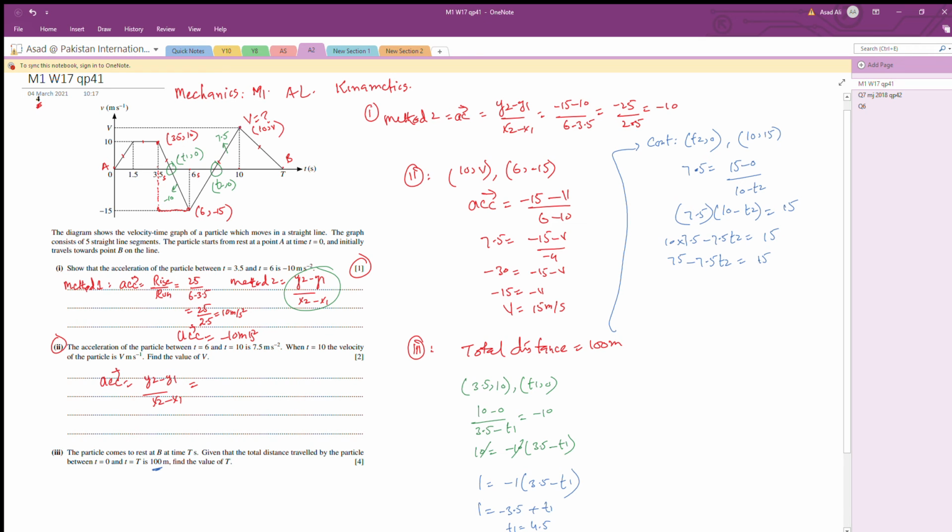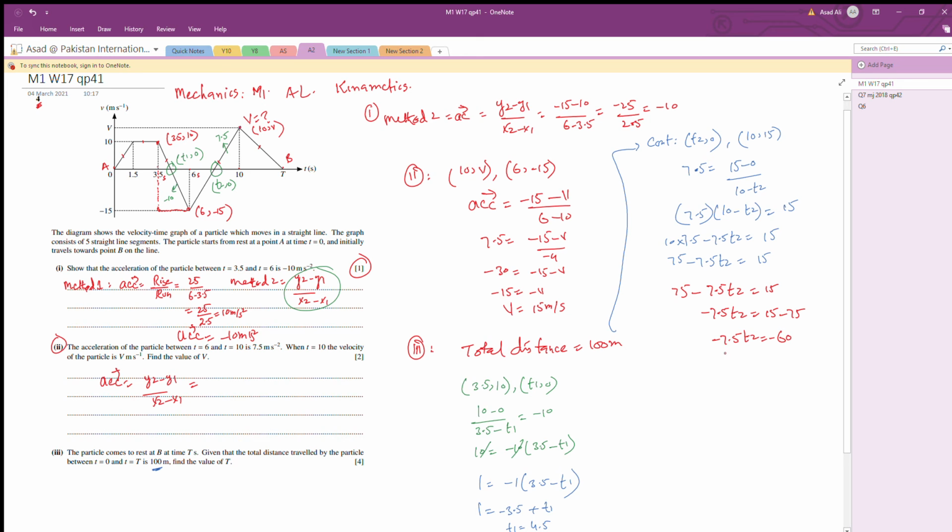Okay, 75 minus 7.5 t2 is equal to 15. So minus 7.5 t2 is equal to 15 minus 75, which is minus 60.